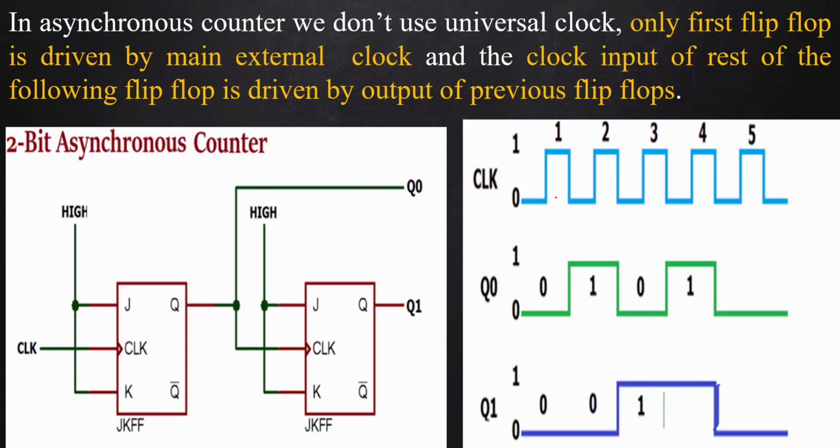And what is the meaning of this pattern? We need to check the value at different clock pulses. This is the first clock pulse, this is the second clock pulse, this is the third clock pulse, this is the fourth clock pulse, and this is the fifth one.